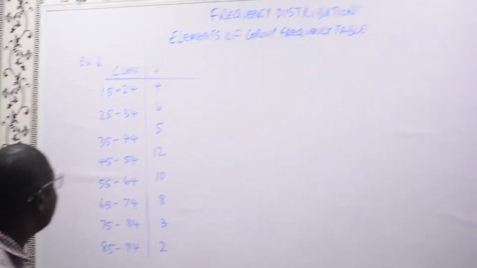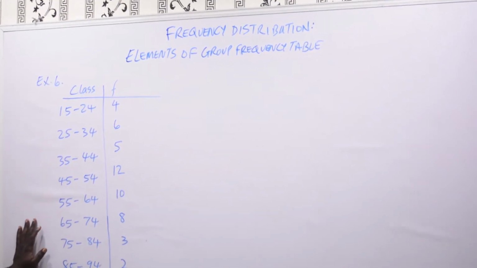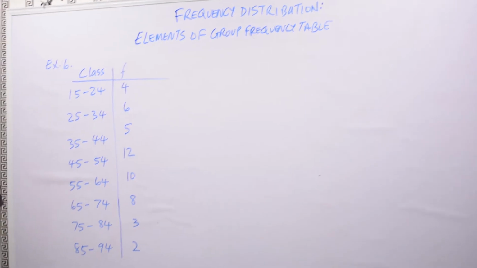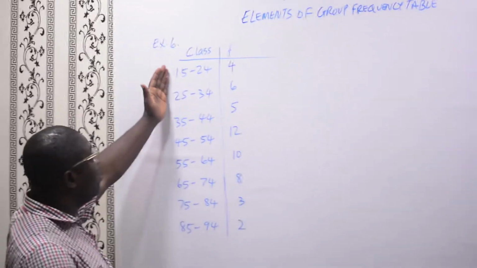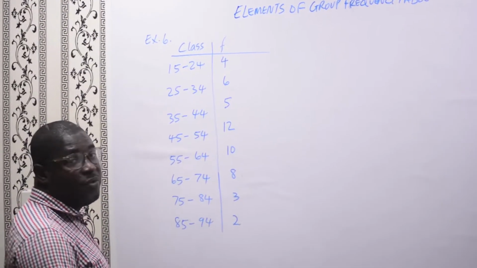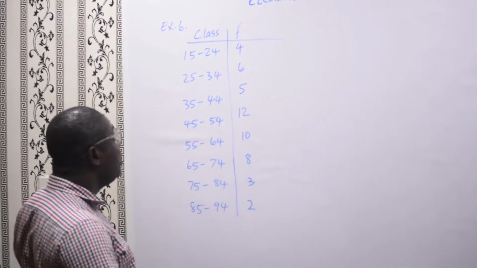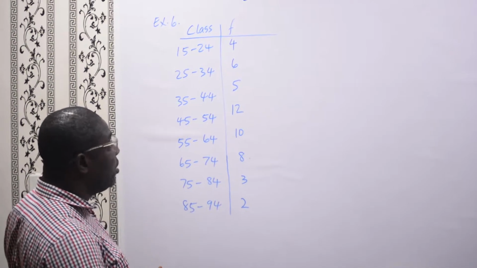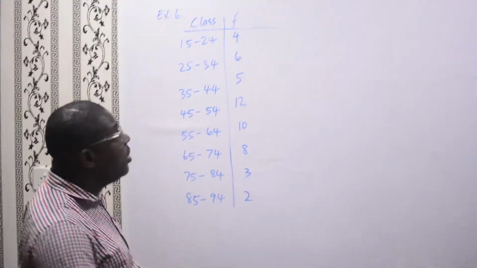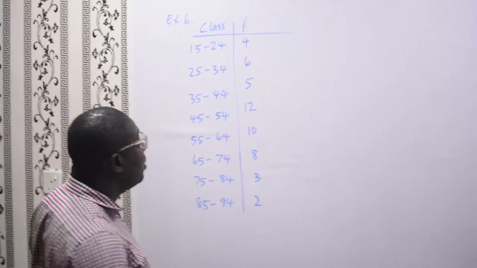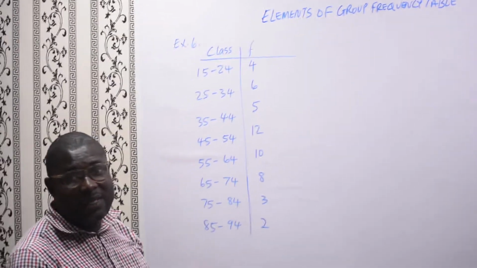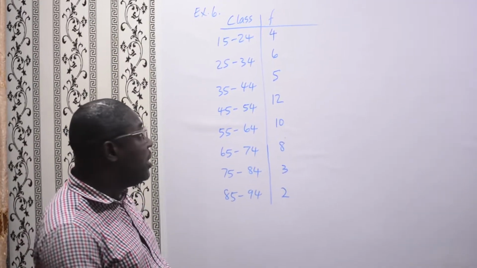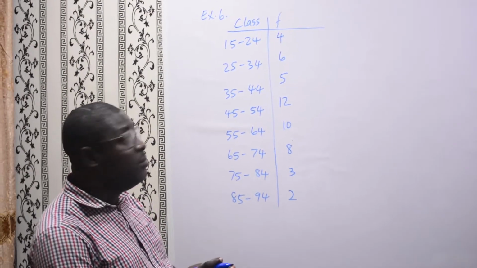Here is an illustration of a table in which we have class given and then we have the frequency. One of the first things we want to learn about elements of a group frequency table is identifying what we mean by class limits. There are two class limits here.